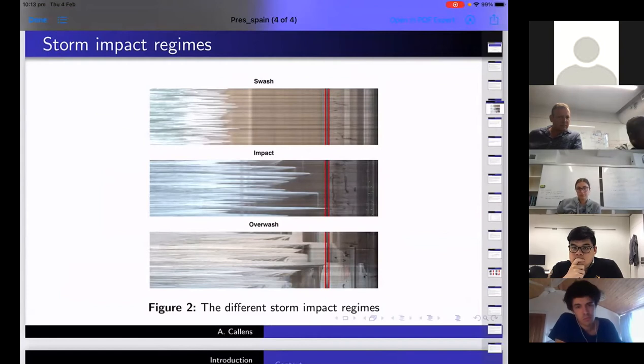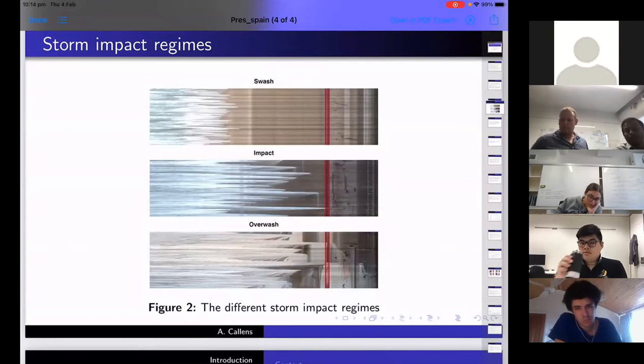Impact means they touch the wall, and overwash is submersion. So we want to build a classifier, because it is very time consuming for a human to watch the video each time and say whether it is swash, impact or overwash. So we want something automatic.